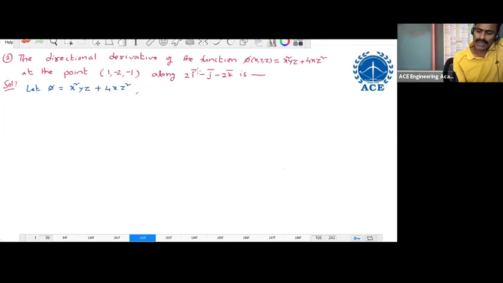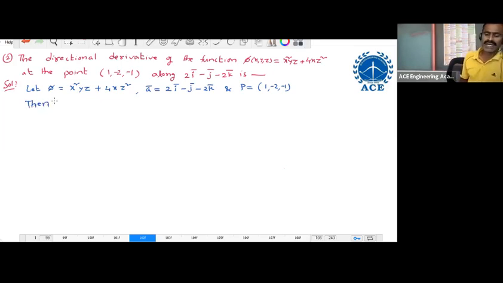Take the given direction vector as a bar equal to 2 i bar minus j bar minus 2 k bar, and the given point as capital P equal to (x, y, z) here (1, -2, -1). To find the directional derivative, we require the gradient. So let us find the gradient first.